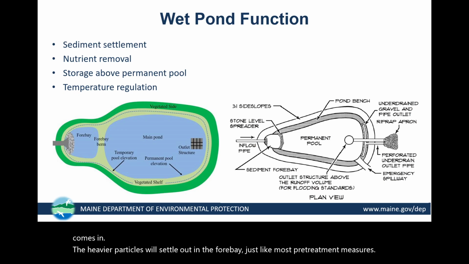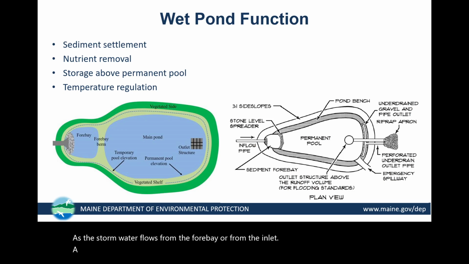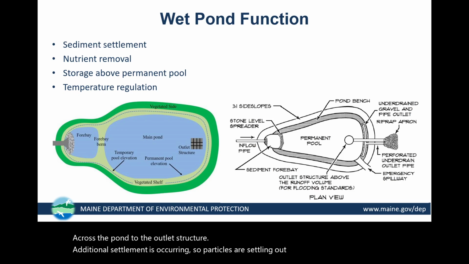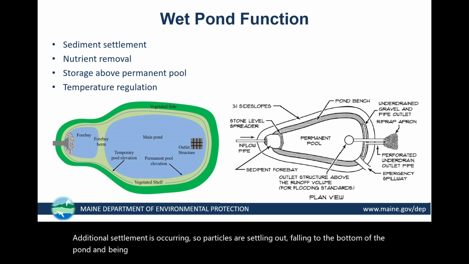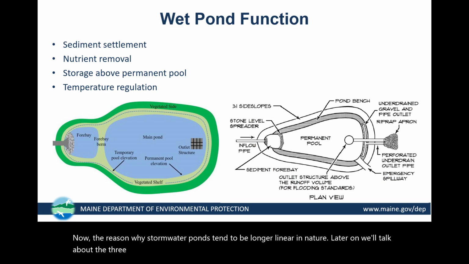As the stormwater flows from the forebay or from the inlet across the pond to the outlet structure, additional settlement is occurring. So particles are settling out, falling to the bottom of the pond, and being stored there. Now, the reason why stormwater ponds tend to be longer, linear in nature, later on we'll talk about the 3-to-1 length to width ratio.